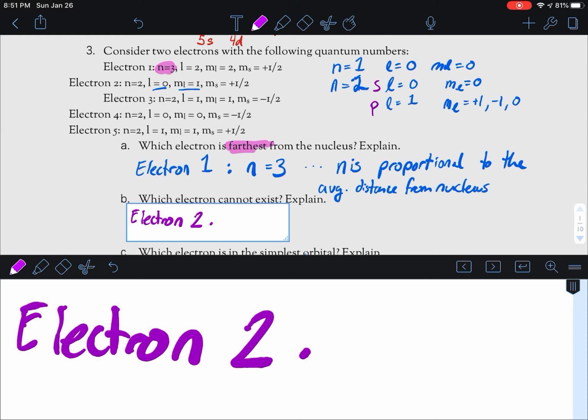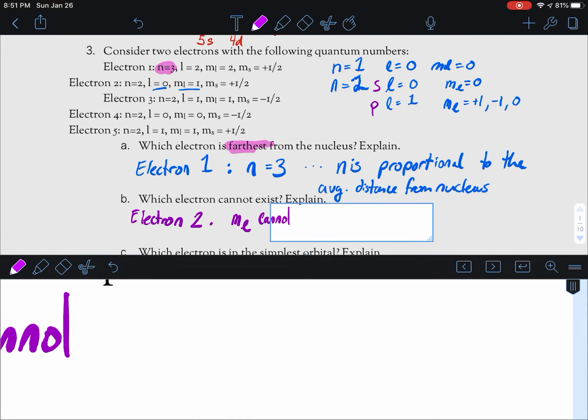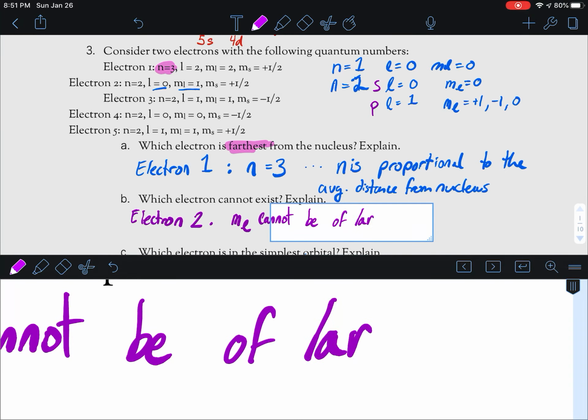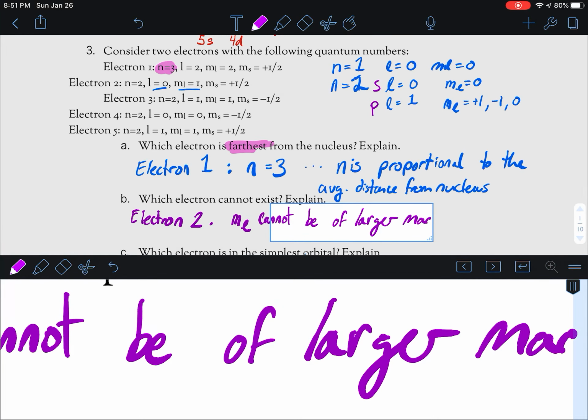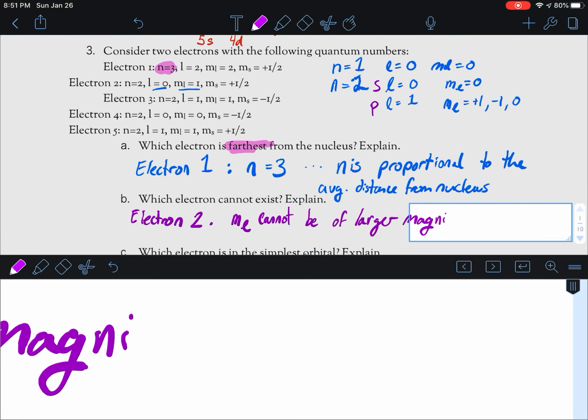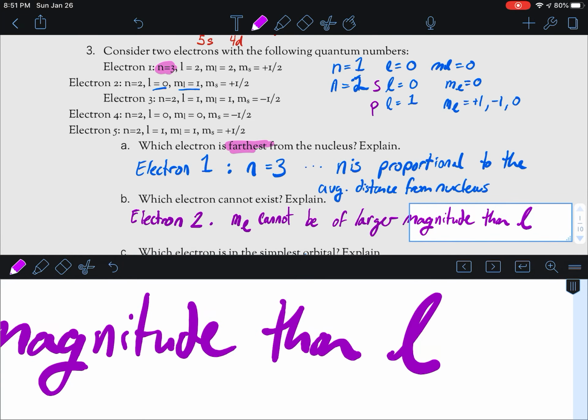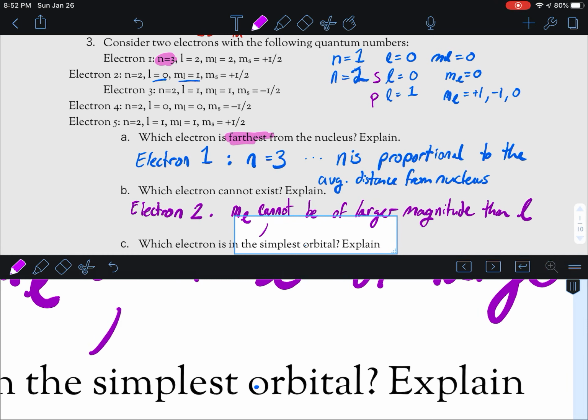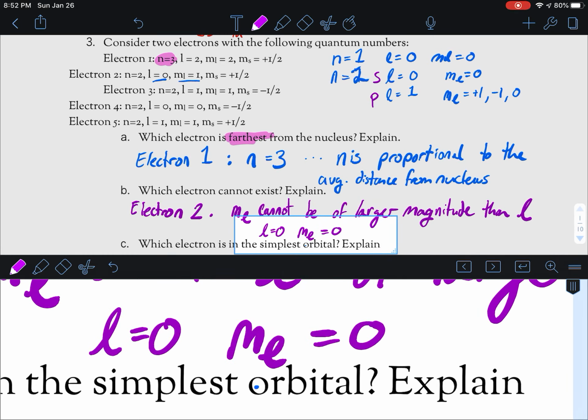Electron 2. And so the reasoning would be that ML cannot be of larger magnitude than L. So for L equals 0, ML equals 0.